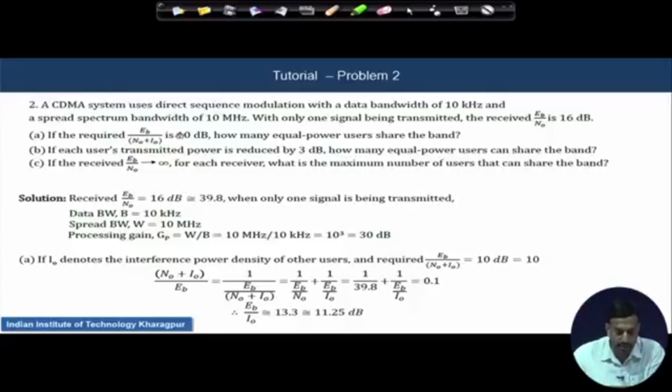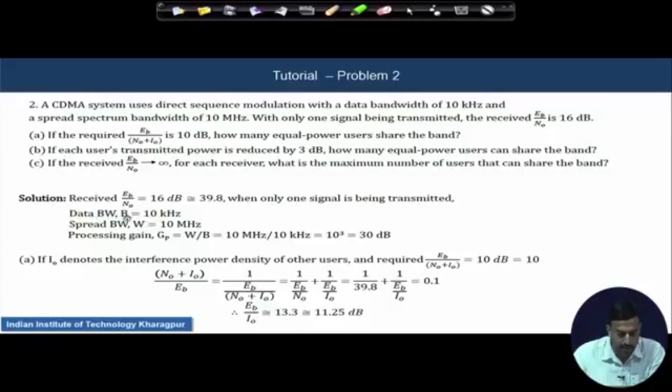So this is essentially a multi-user CDMA problem where we deal with Eb, that is signal to noise plus interference power ratios, and we try and figure out what is the capacity of the system in terms of the number of users supported. So now we first take up the data which is given, and Eb by N naught with only one user without interference, convert it to a linear value.